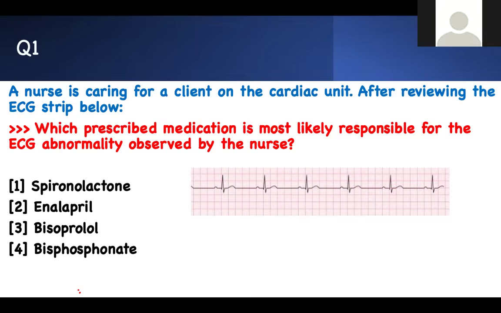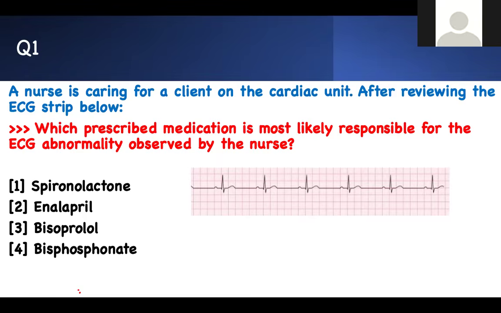Then you start using a test-taking strategy. I know this is bradycardia because I can see the RR interval is too long. From here, 1, 2, 3, 4, 5, 6 is too long. 300 over 6 will give you 50. So this heart rate is low. Therefore, which medication causes that?